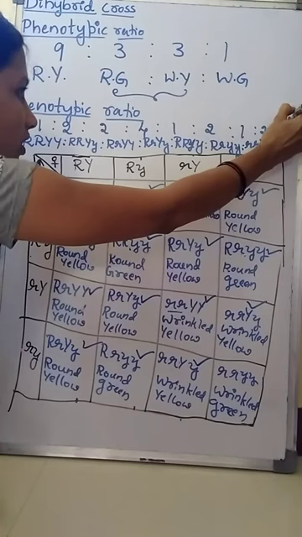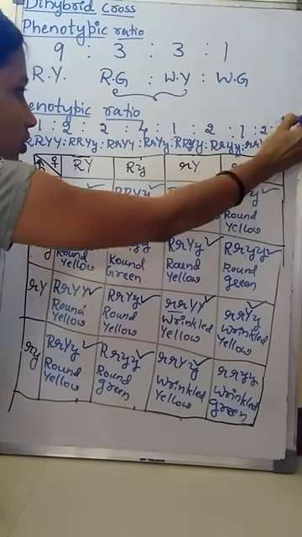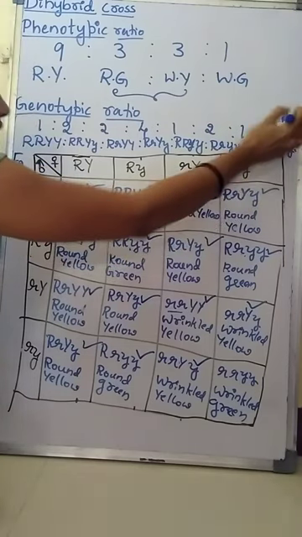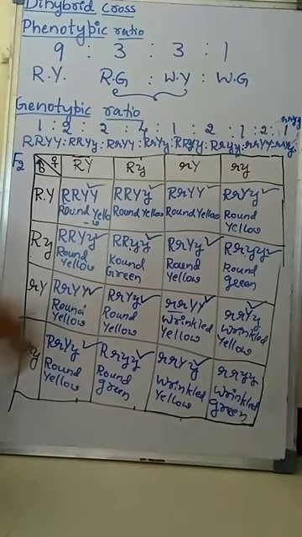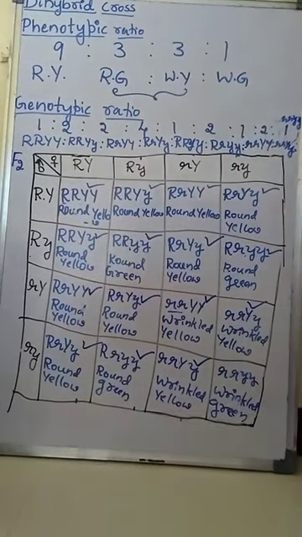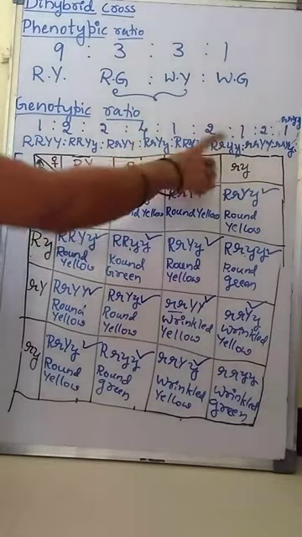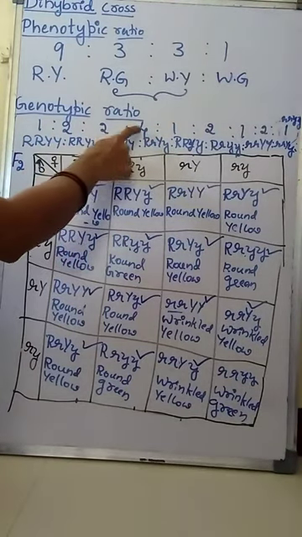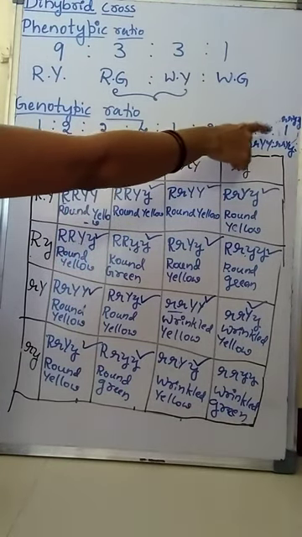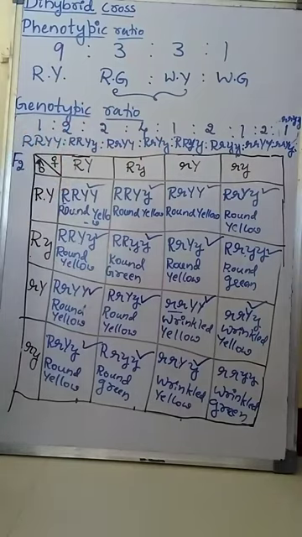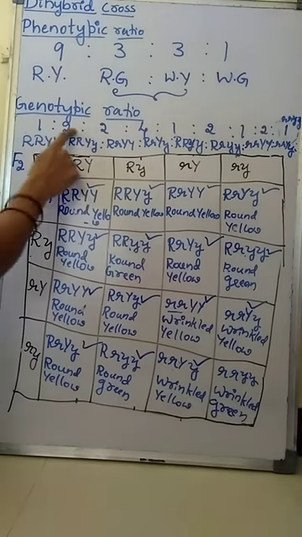Space is not there here, so I have written it here. So this is the genotypic ratio: 1:2:2:4:1:2:1:2:1. This is very, very important. The phenotypic ratio and genotypic ratio of the dihybrid cross are very, very important.